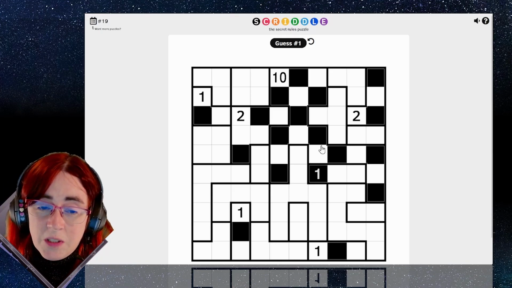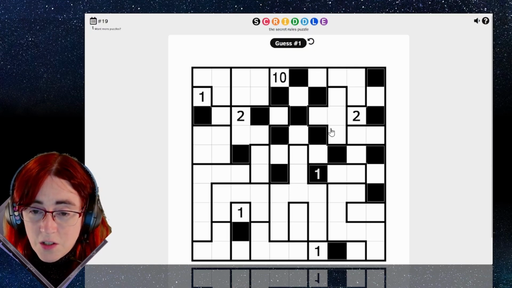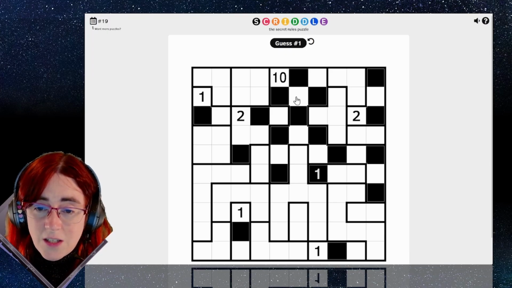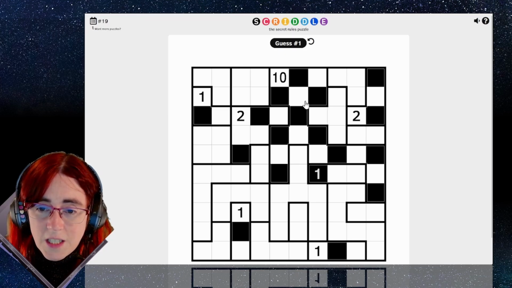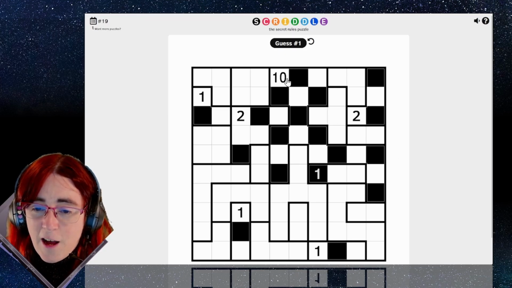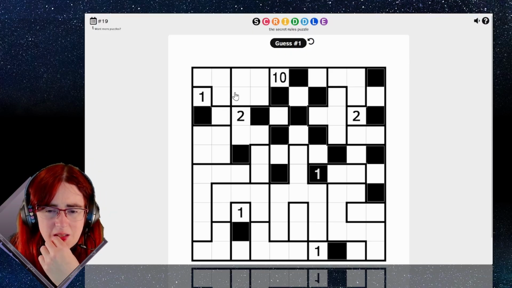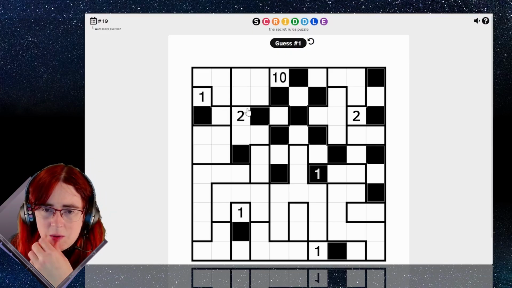So, for example, if there's a constraint that all the white cells must be connected to each other, then this wouldn't be allowed because this white cell here is not connected to these other cells by up, down, left, right connections. It's got black cells in between there.